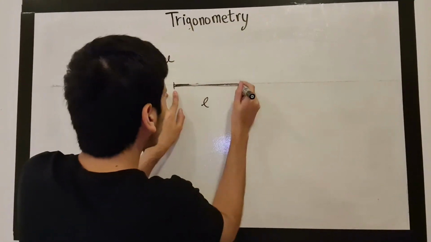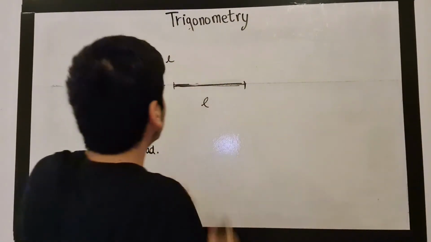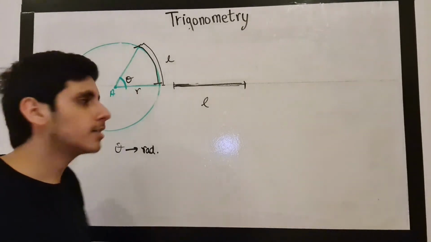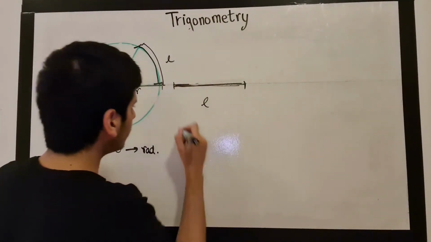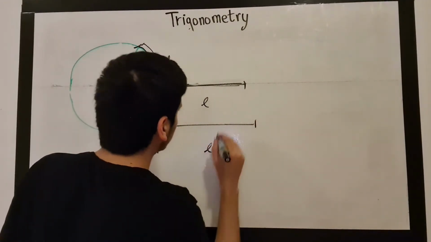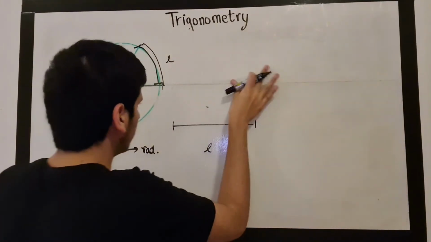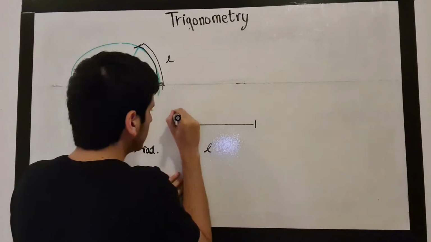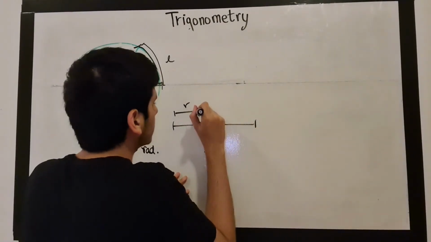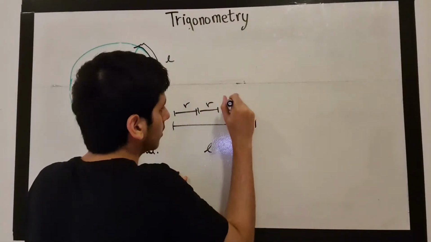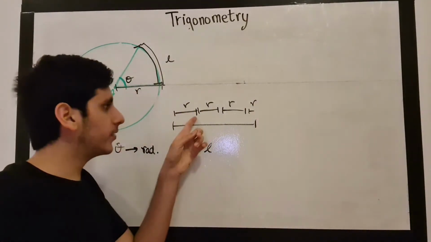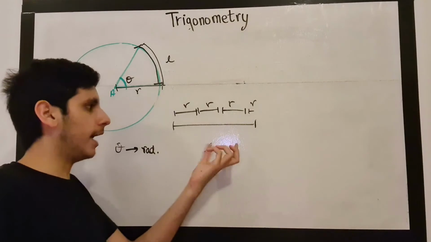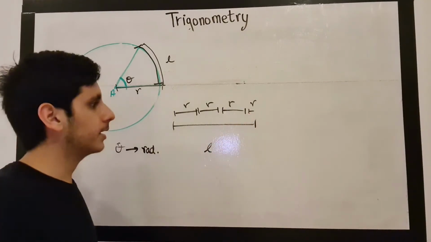This length L, if I were to ask you a question, how many times does R, the length R, fit in L? So if this was L once straightened out, and if this is the value of R, well, let me see. If this is R, and let me see, this is like 1/4 of R. So R fits 3 times perfectly in L and 1/4 more.